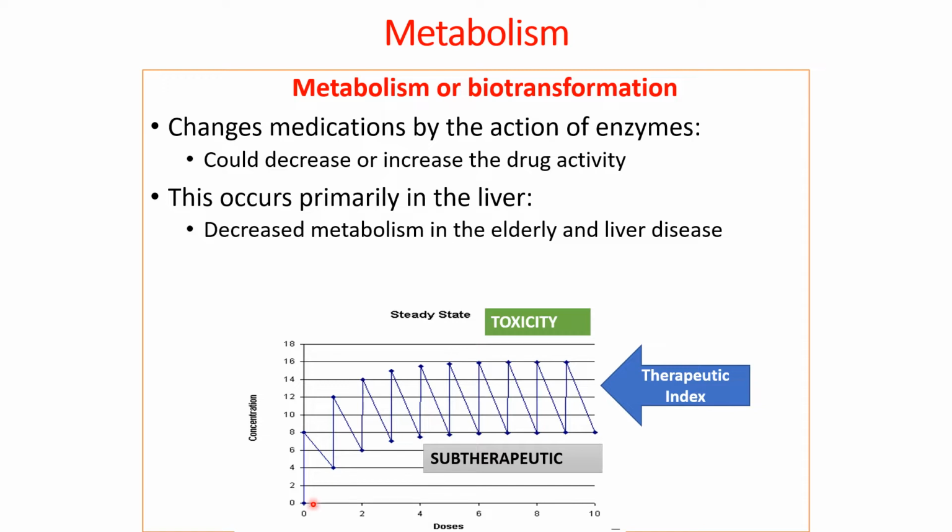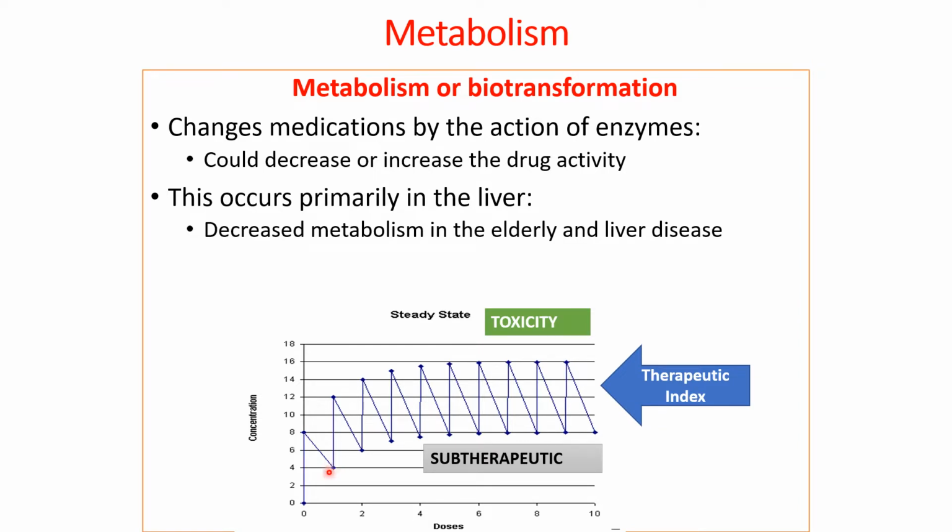So remember that when we give a medication, a dose of medication, the concentration in the blood increases because we consume the medication. But immediately this concentration will decrease. Why? Because the liver breaks down or modifies the medication. That's why the concentration tends to drop. Part of this medication then is excreted by the kidneys. That has not been mentioned yet.